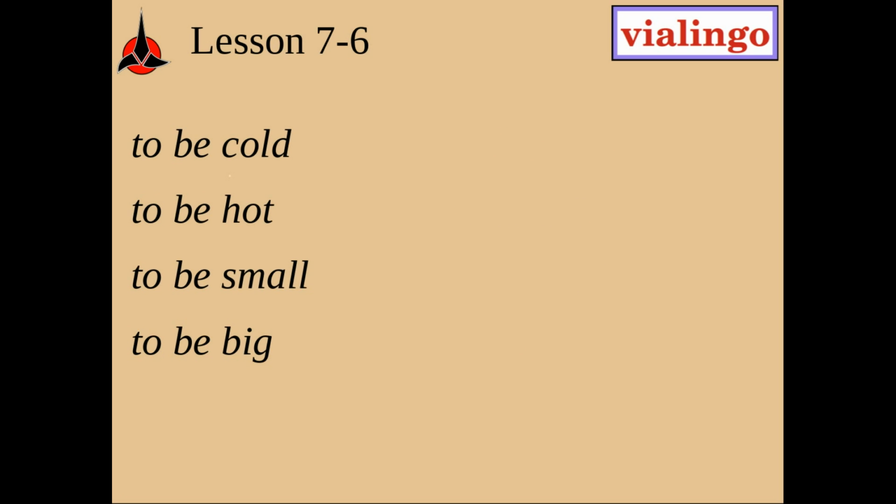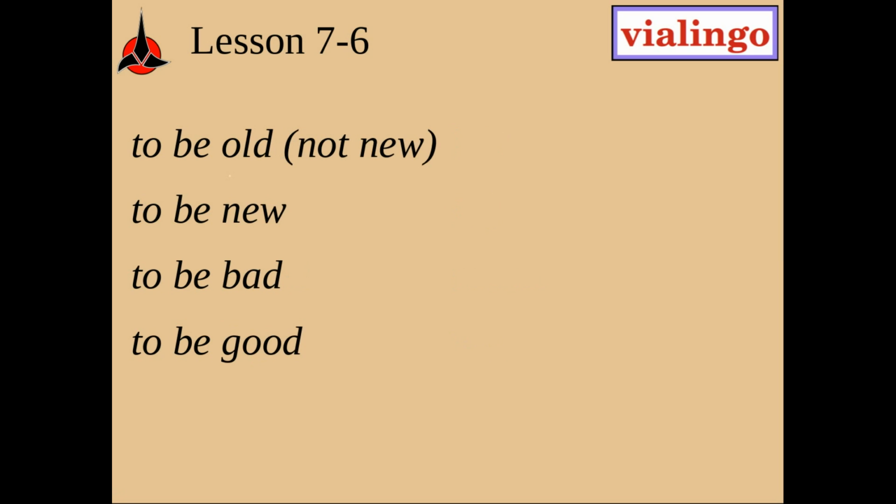How do you say in Klingon to be cold? Bir. To be hot. Tlha. To be small. March. To be big. Tin. To be old, as in not new. Ghop. To be new. Tlha. To be bad. Carb. To be good. Khak.